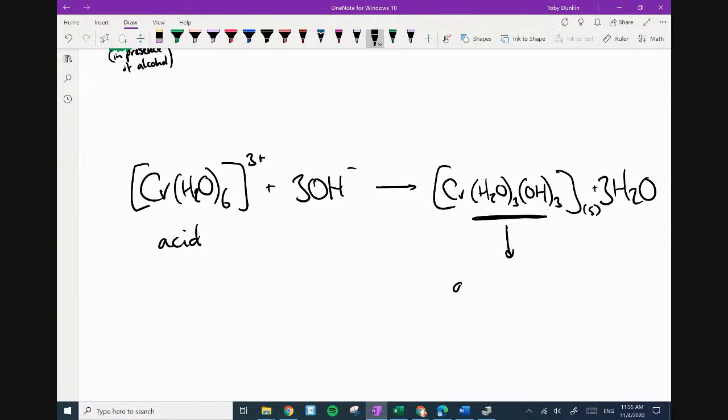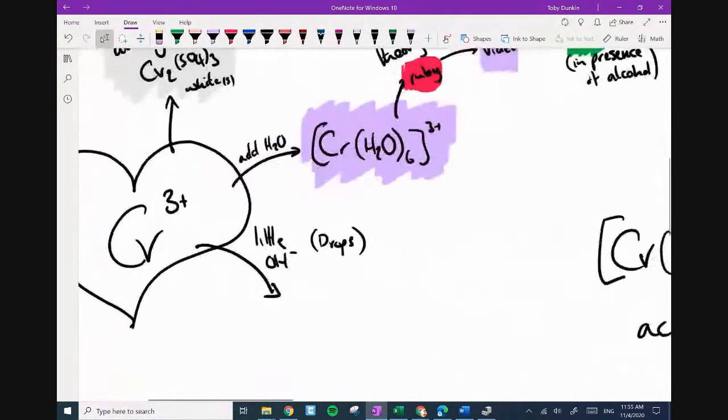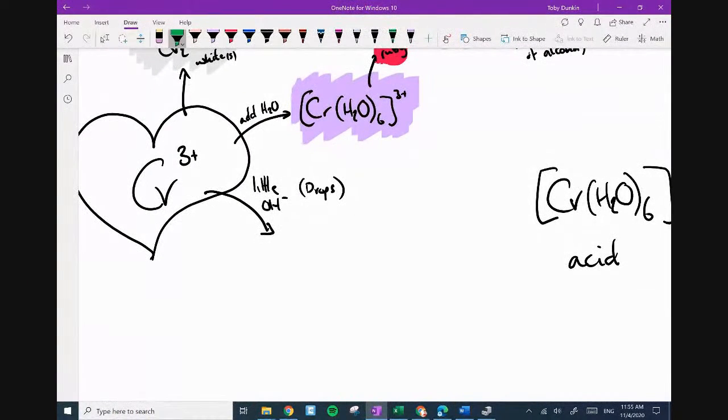Remember, reinforcement from the copper lesson, all neutral complexes are PPTs, are solids. So we actually now form a solid pale green, just need green, by the way, a green PPT.